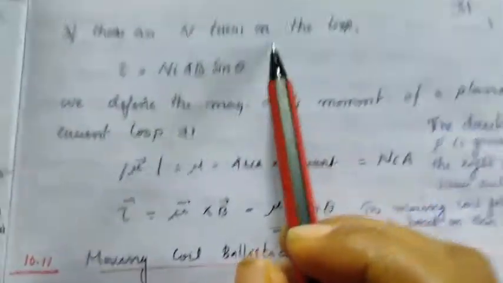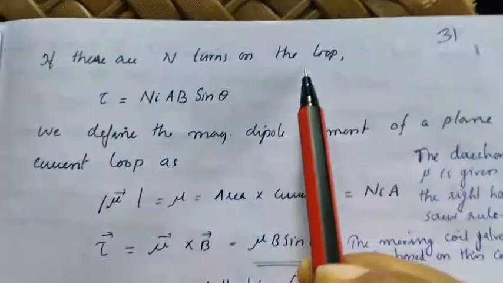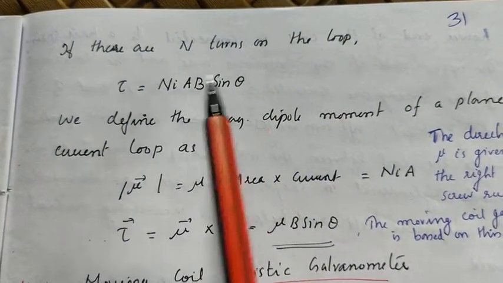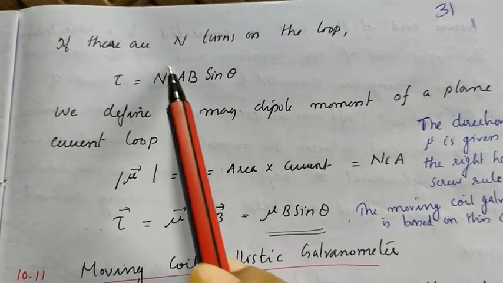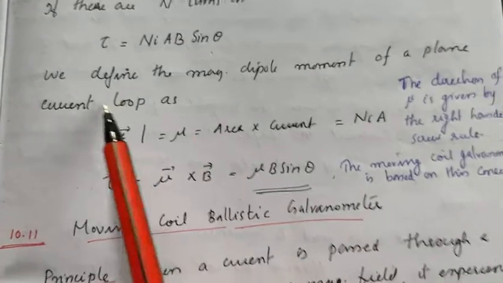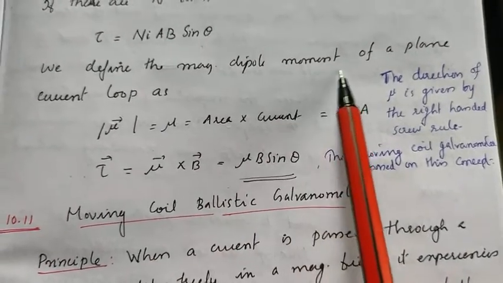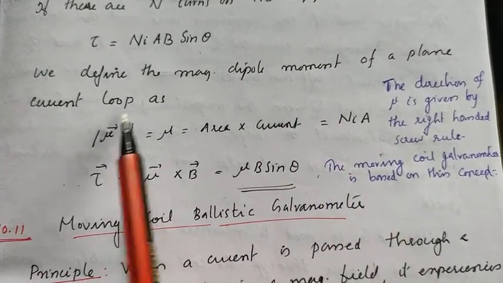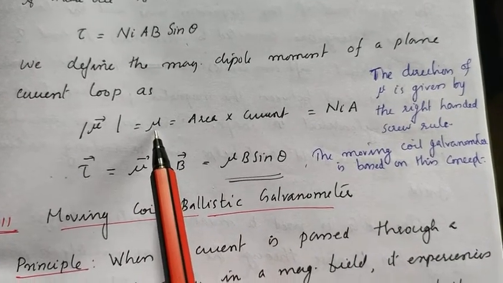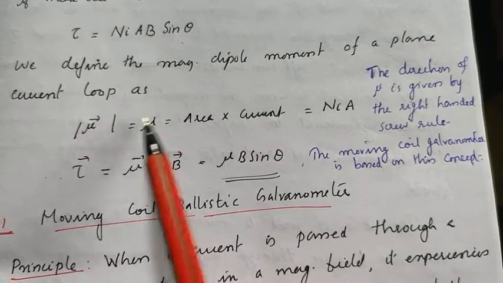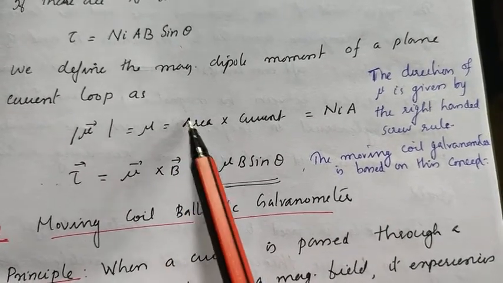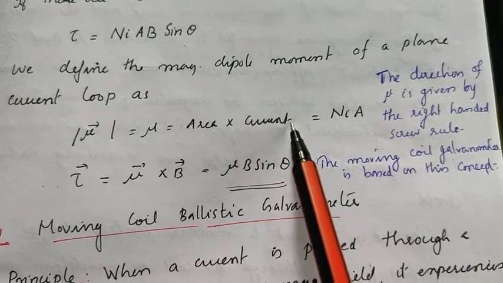If there are n turns on the loop, torque can be written as NIAB sin theta, and n appears here if there are n number of turns in the loop. We define the magnetic dipole moment of a plane current loop as mu, this is a magnitude value, which is equal to area into current.